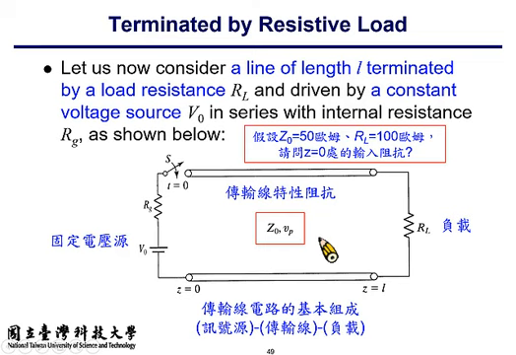Assuming the characteristic impedance of the transmission line is 15 ohm, and it's terminated with a 100 ohm resistor, what is the input impedance, 输入阻抗, at the left end, at the position of z equal to 0? What is the input impedance?